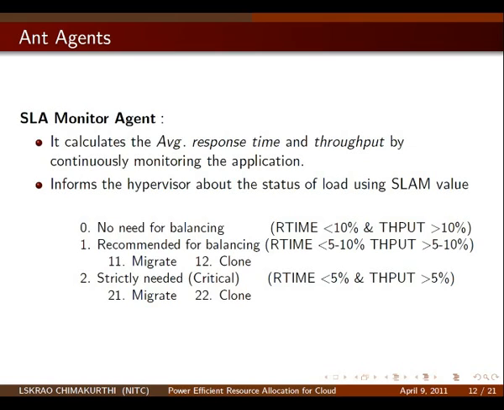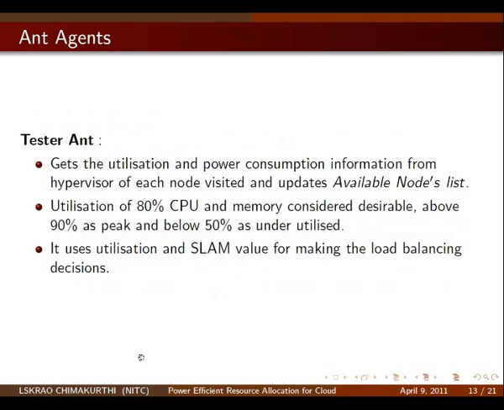But if you clone this VM and share the traffic among these two VMs, the response time will be decreased. That's why we have two options, migrating and cloning. And 2 means that it is strictly needed, the load is very high, we have to balance load at any cost.